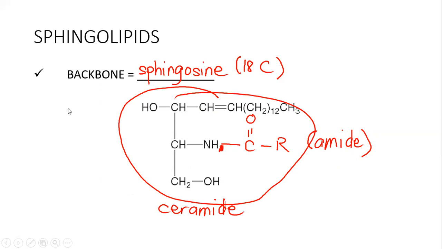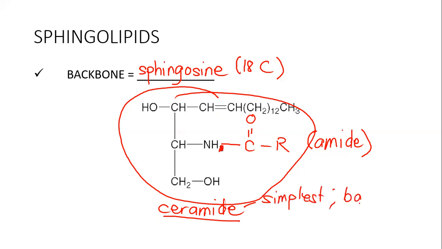Okay, ceramide. So class, for phospholipids, phosphatidic acid is their basic structure, the simplest phospholipid and the precursor of the different types of phospholipids, right? Only the head group bound to the phosphate changes. Here in sphingolipids, ceramide is considered the simplest sphingolipid.